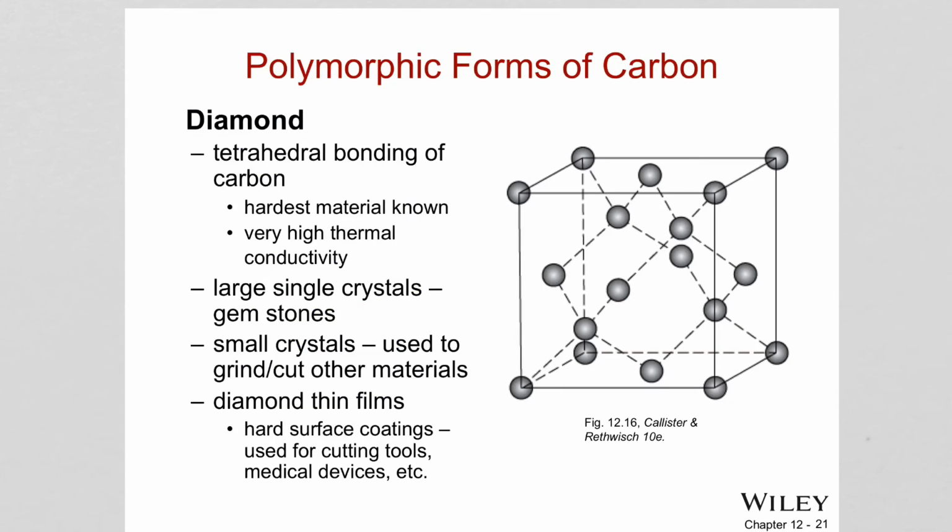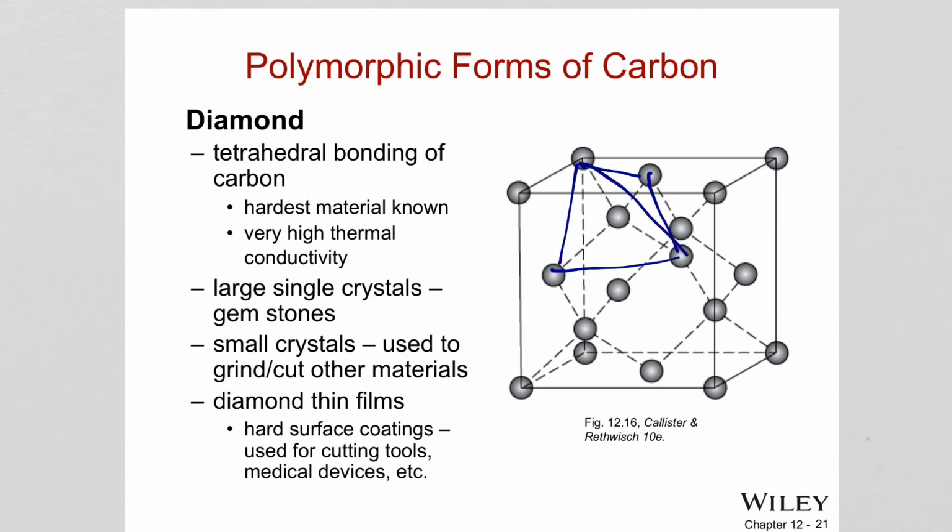So similar to silicon, there is carbon. Carbon has a very diverse structure. As with silicon, carbons can arrange in different configurations, and it will give us different types of structures. For example, diamond is a form of carbon.